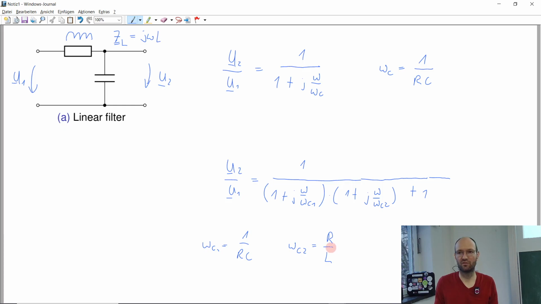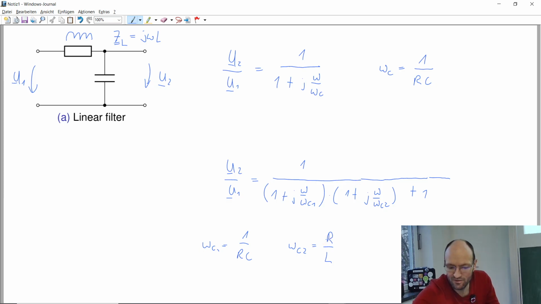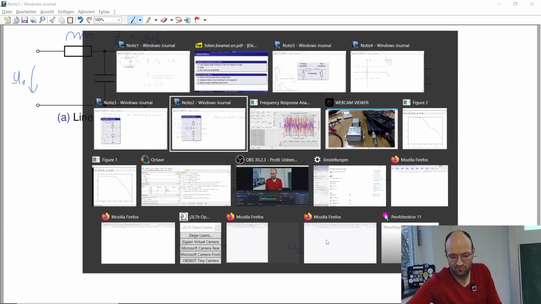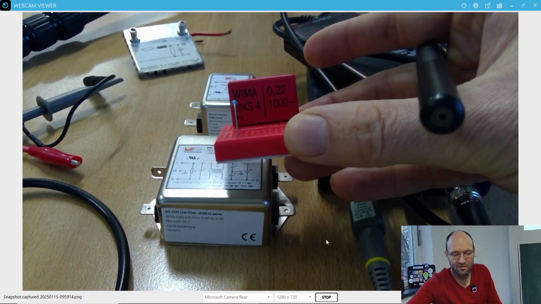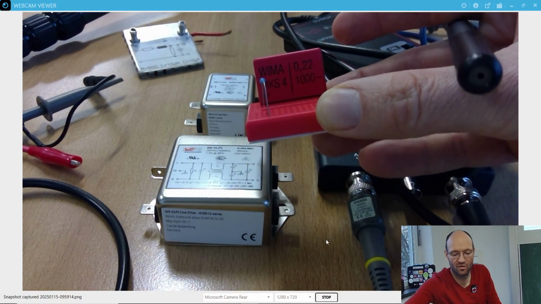And if you want to have large capacitors for high voltage, then these capacitors get rather bulky, like this one here, just 0.22 microfarad, but for 1000 volt.